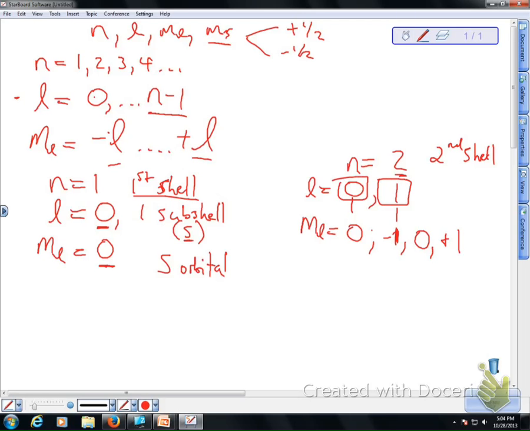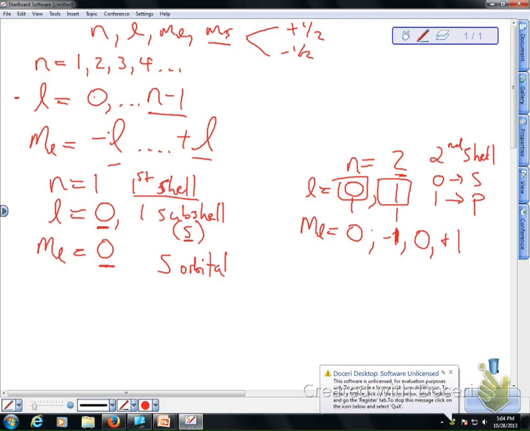So 0 stands for the S, and 1 stands for the P subshell. And for the S subshell, when M equals 0, that just tells us once again there's just the single one, the S orbital.